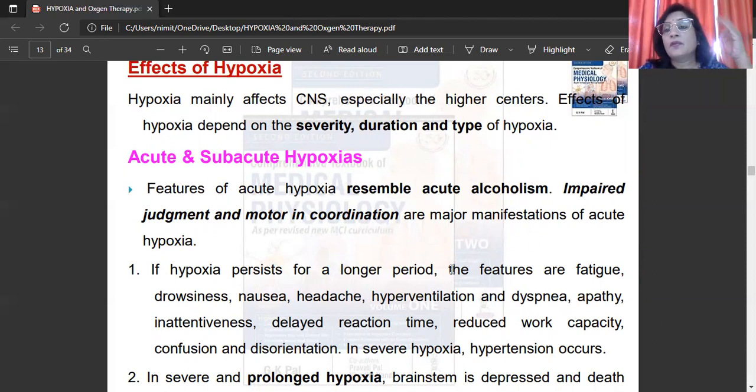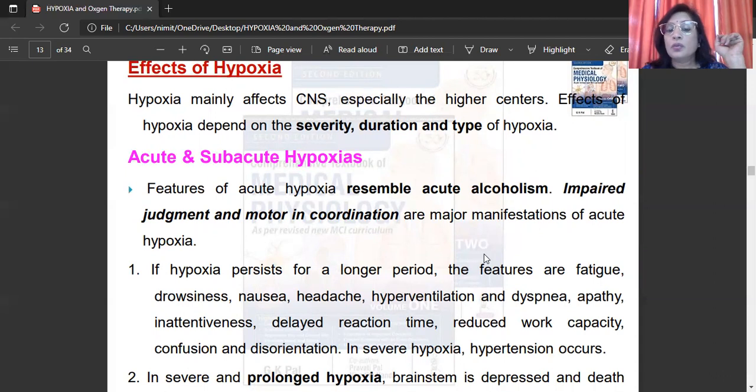If hypoxia persists for a longer time, what are the features? Fatigue, drowsiness, nausea, headache, hyperventilation, and dyspnea. Apathy, inattentiveness, delayed reaction time, reduced work capacity, confusion, and disorientation.